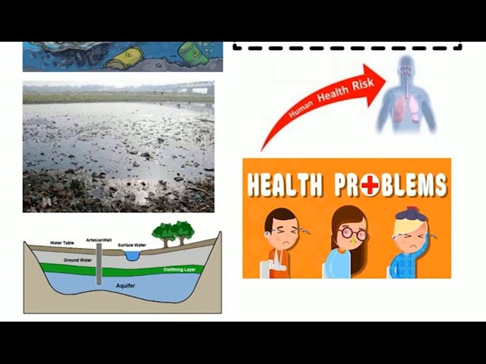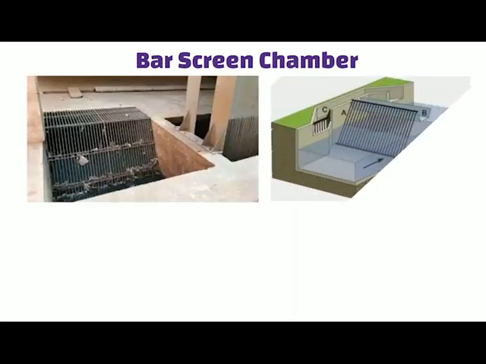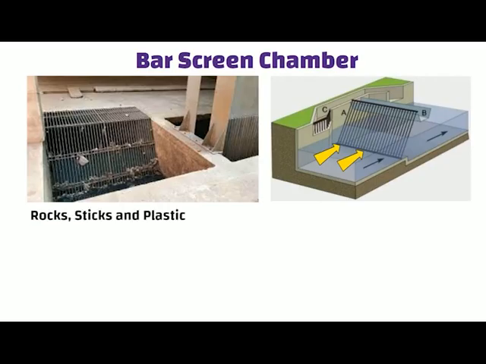Now let us discuss each component of STP in detail. Bar screen chamber. As the wastewater flows through the bar screen chamber, any large objects such as rocks, sticks, and plastic bags are trapped by the bar screen. The bar screen consists of a series of vertical or horizontal bars or wires which are spaced close together.